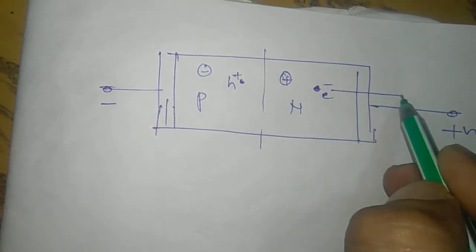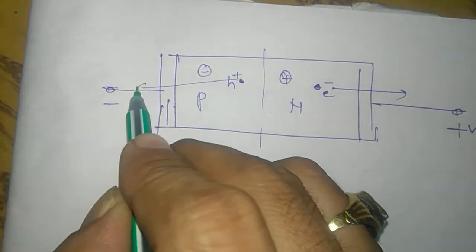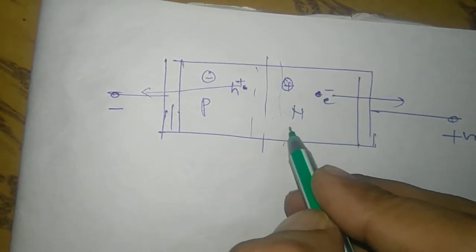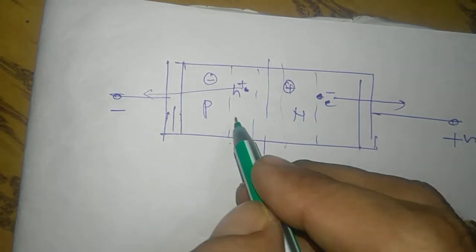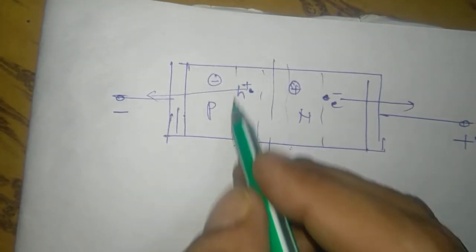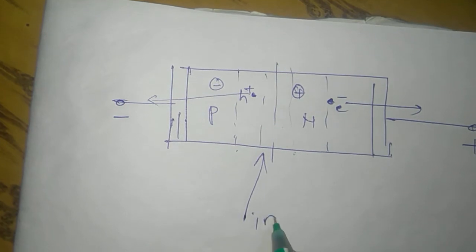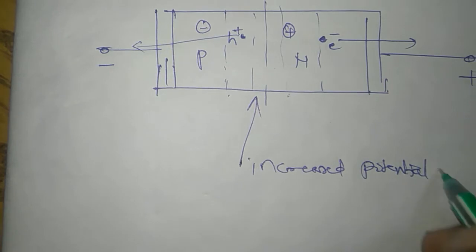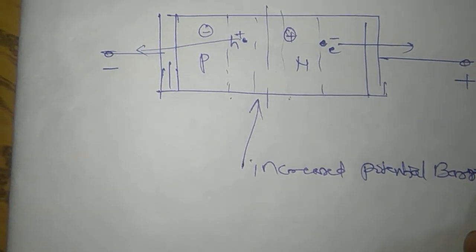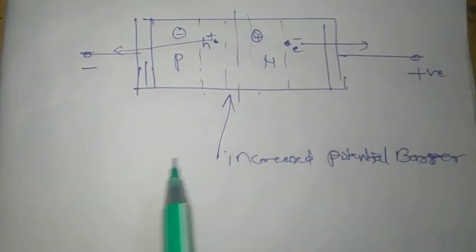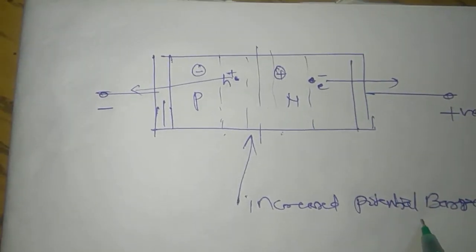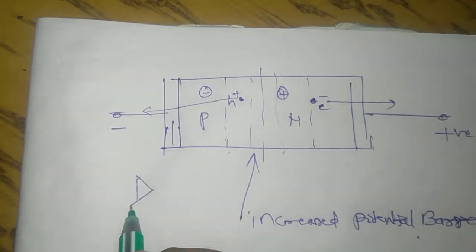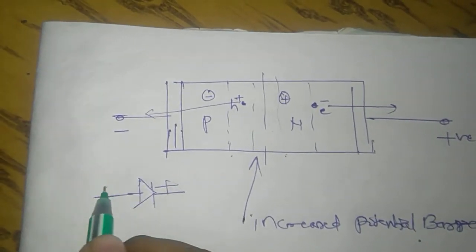The electrons will travel here and holes will travel here, so this depletion region will extend, meaning the potential barrier increased. Increased potential barrier will need higher voltage for conduction. So in reverse biased condition, the diode does not conduct.